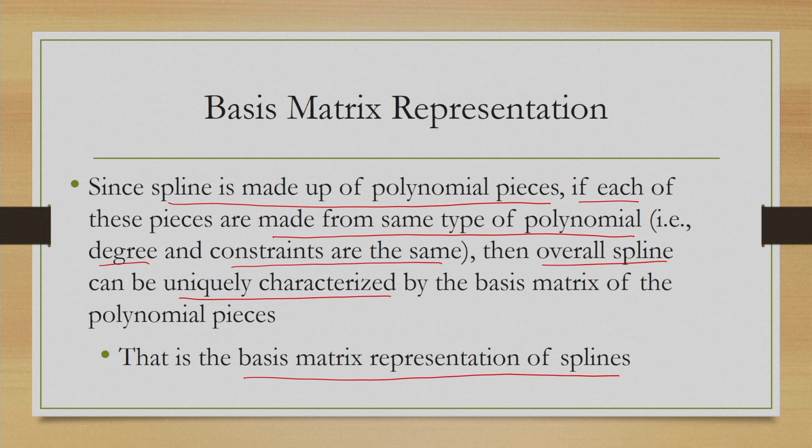So, for each polynomial piece we have the same matrix. So, we can use a single basis matrix to represent the overall spline, because the basis matrix will tell us that particular polynomial pieces are used to represent the spline. This is the basis matrix representation of splines.